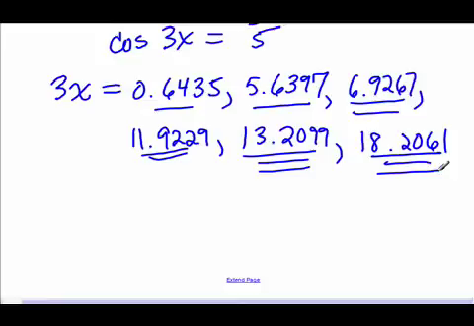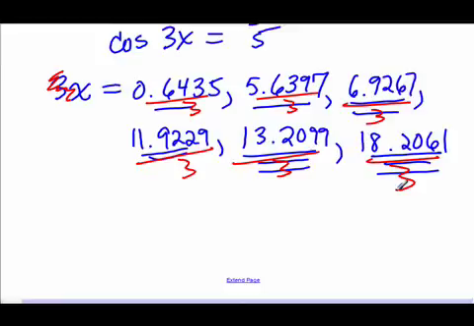So like with the last problem, we have to go back and do what now? Take every single one of these and divide by 3. I'm going to go ahead and list those answers. When you take those angles, divide by 3, we get first one, 0.2145 in radians.